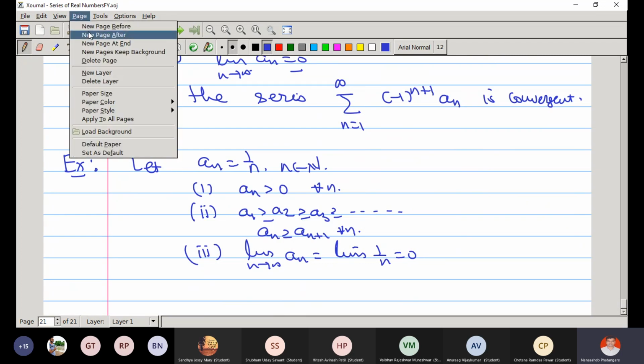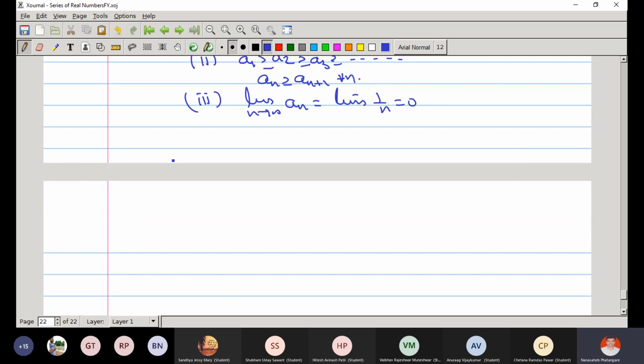Then what is the series sum of minus 1 raised to n plus 1 upon n, n from 1 to infinity? What is the first term? 1. What is the second term? Minus half.